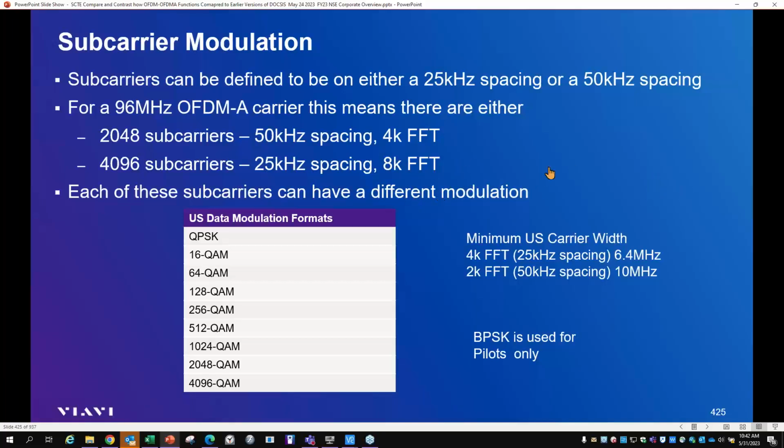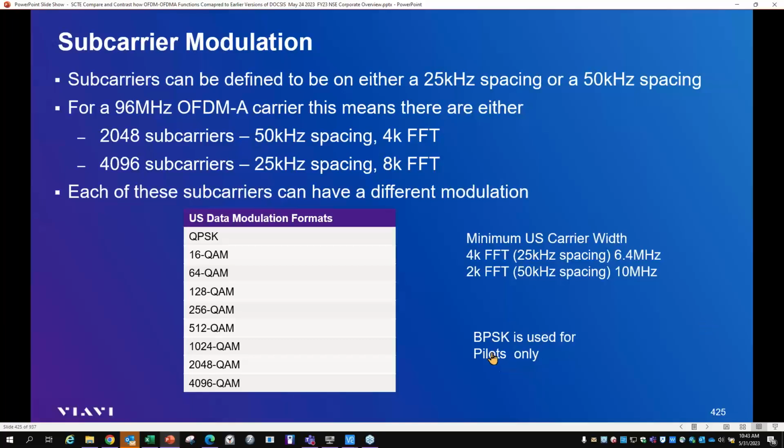I know we're talking about OFDMA right now, but some systems have already changed and therefore added more subcarriers, right? So if your spacing goes from 50 to 25, you can add more subcarriers and therefore more modulation, right? We call this 4K and 8K type modulation, with various modulations for that, right?